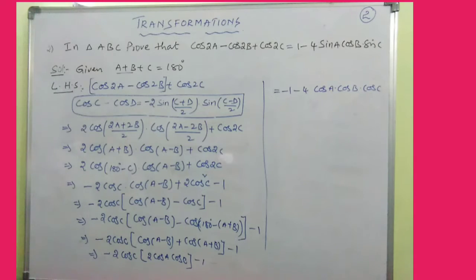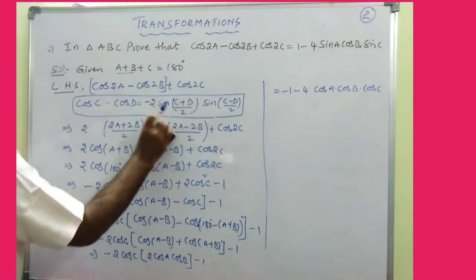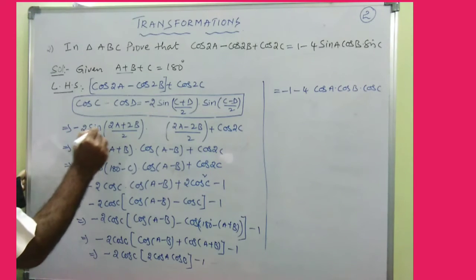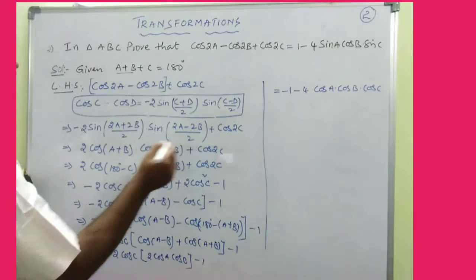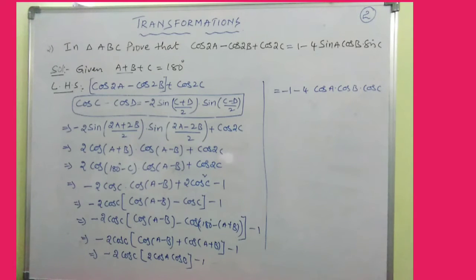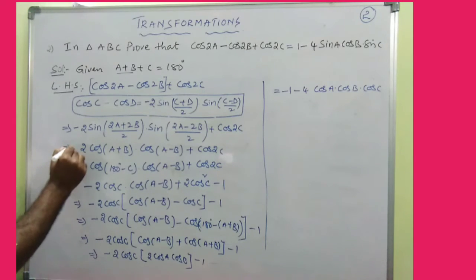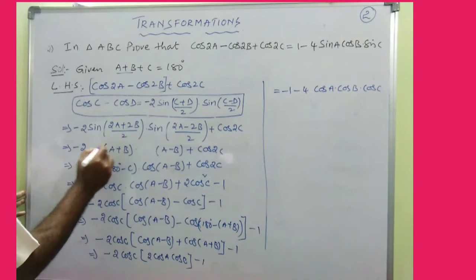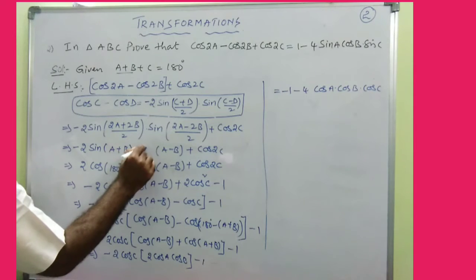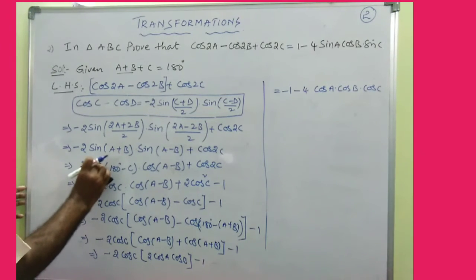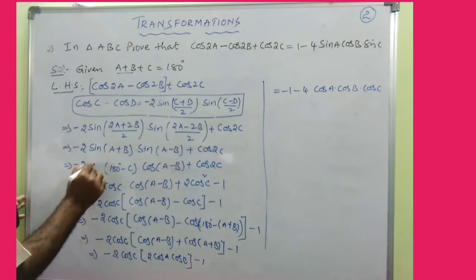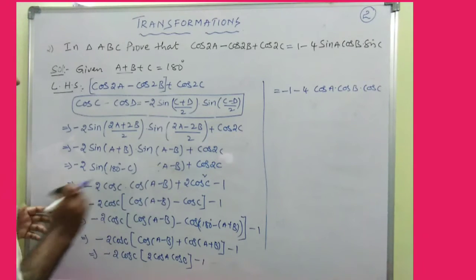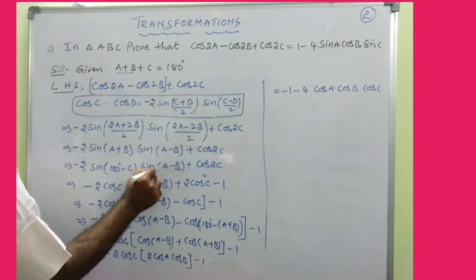Okay, so according to that, just cos, you can write it as sines, no? So minus 2 sin (C plus D) by 2 into sin (C minus D) by 2 plus cos 2C as it is. Hence we get here minus 2 into sine of (A plus B) into sine of (A minus B). So once again minus sine of (180 minus C), and this is sine of (A minus B).